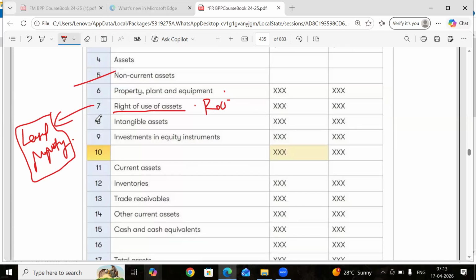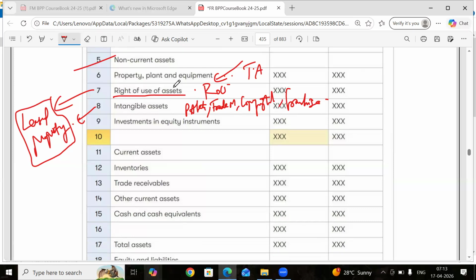Then we have intangible assets, which do not have physical substance, already discussed. We are under the section non-current assets. Property, plant, and equipment is a tangible asset. Patents, trademarks, copyrights, franchises, all these are intangible assets. Then you have all the equity instruments in the investments you have made.